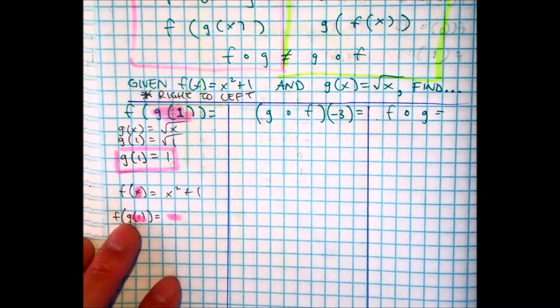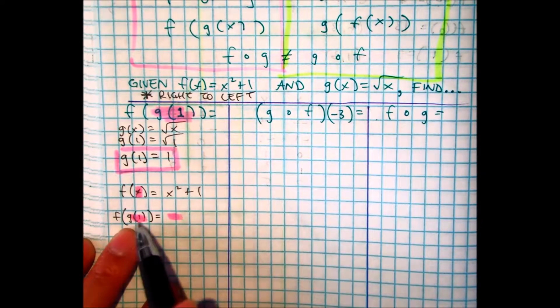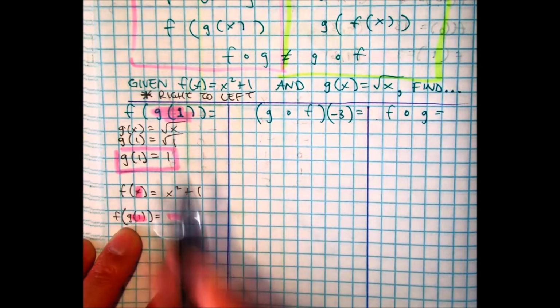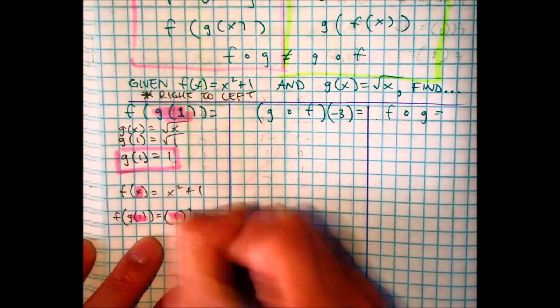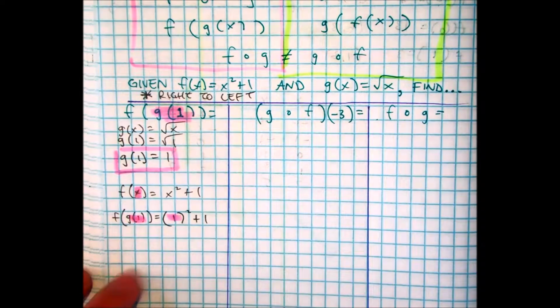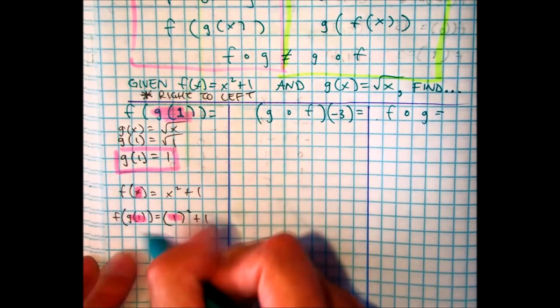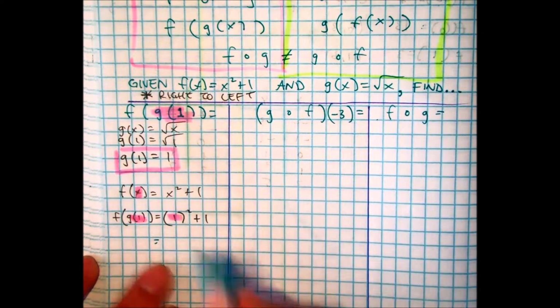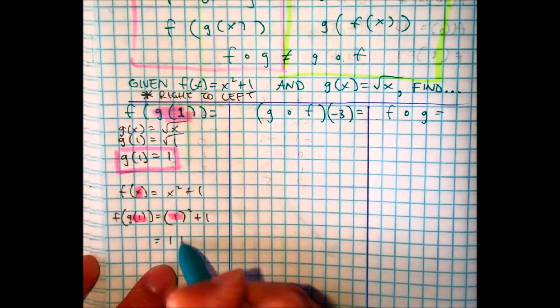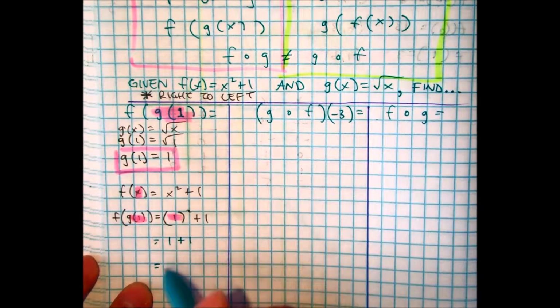Class, what did we get for g of 1? We got 1. So 1 squared plus 1. Let's just do 2 substitutions, right? And what is 1 squared? 1. So 1 plus 1 equals 2.